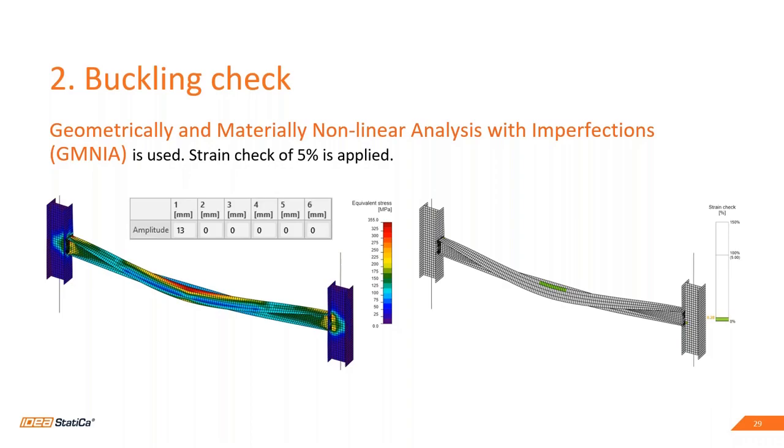It's calculated based on the formulas you will find in the national standard. And with such a loaded model, we will run the third analysis, which is the geometrically and materially nonlinear analysis with imperfections. And the result of it is, again, the picture of stress, of strain, and the check of the plastic strain.